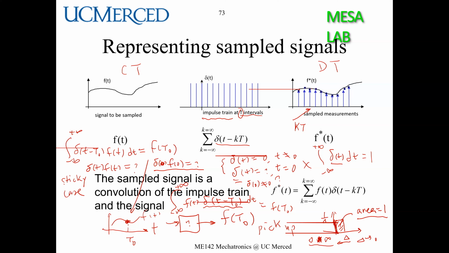In other words, I'm using F star here to denote a sampled signal. So this star is called the sampled signal. The sampled signal can be written as the original continuous-time signal multiplied by the pulse train.